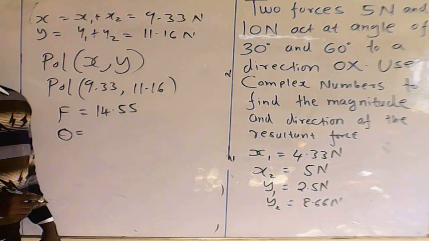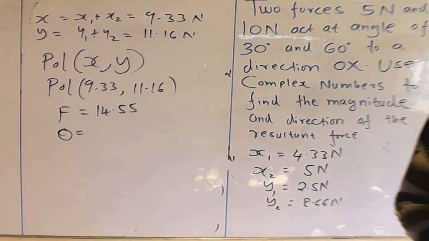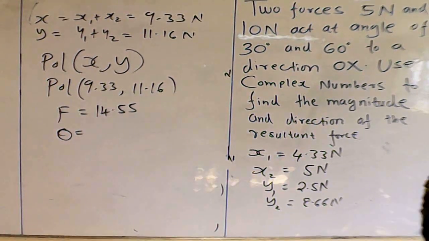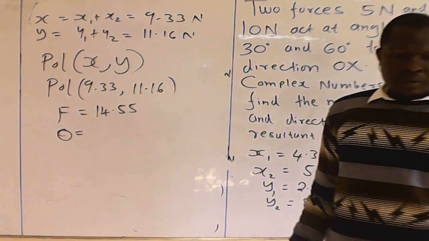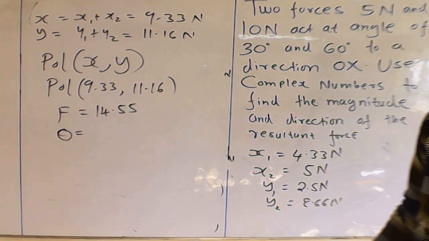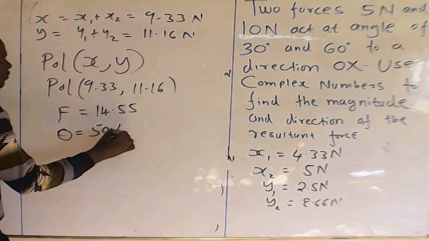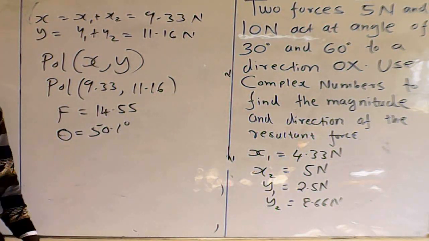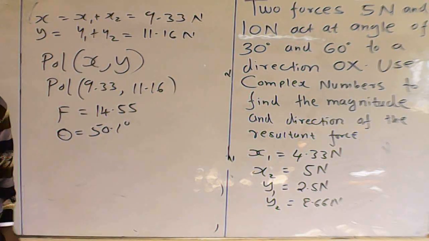14.55. You cannot get this with the calculator MS. MS will give you only one value, the r. It will not give you theta. You use ES. ES gives you theta to be 50.1 degrees. So that's what I'm saying, it is the ES we are using here.